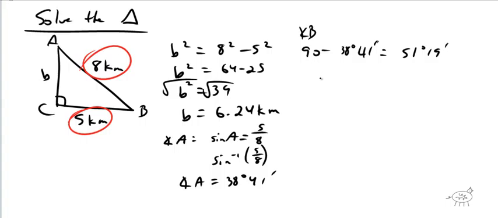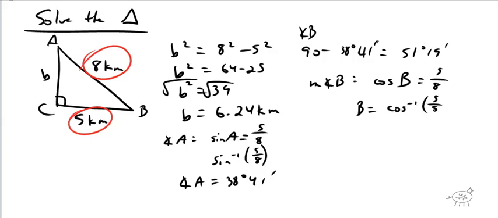But I can also find the measurement of angle B using cosine of B, because cosine of B is adjacent over hypotenuse. So cosine of B is equal to 5/8, and B is equal to inverse cosine of 5/8. You put that in your calculator, and you get angle B is equal to 51 degrees 19 minutes.